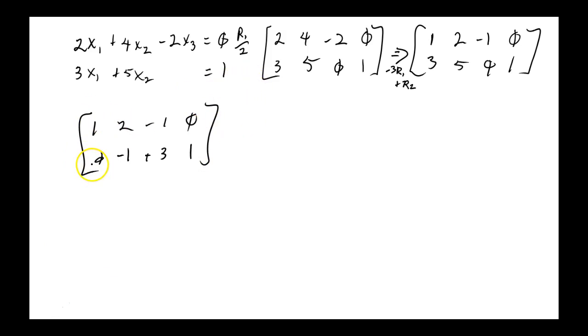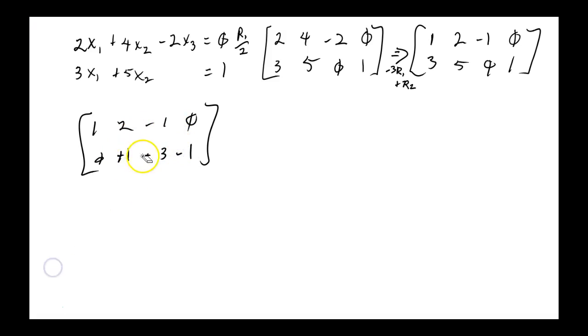Okay. What do we want to happen next? You want the first non-zero entry of this row to be a 1. So you can multiply by negative 1. So that'll be a plus, minus, and that will be a minus.